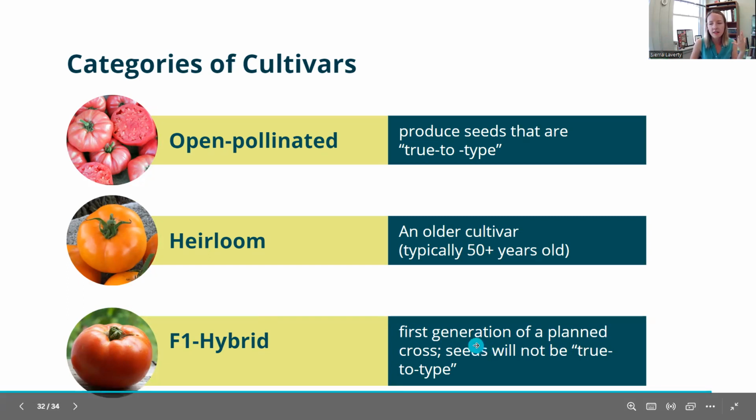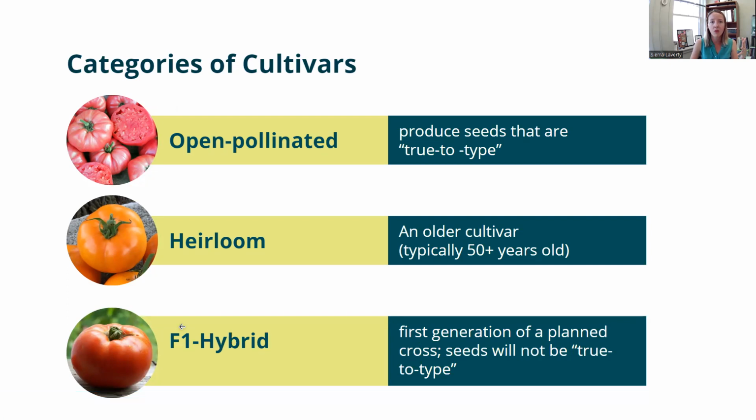In this example here, both of the parent plants of our celebrity tomato were self-pollinated for a really long time, which means those genes that produce those certain traits that we liked were really, really stable, because we didn't have any other genes coming in for many generations between this parent plant and this parent plant.